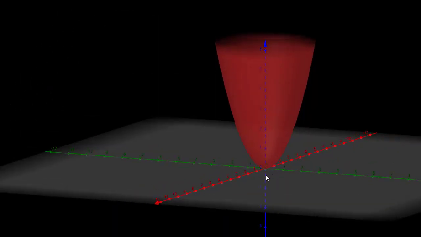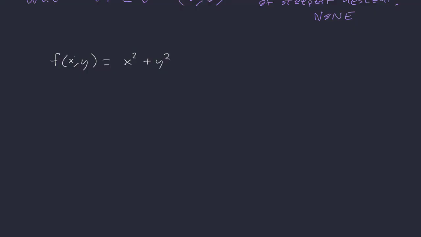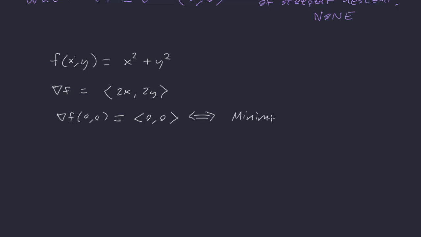So if we find the gradient, which will be the vector 2x comma 2y, the gradient at 0, 0 is the vector 0, 0, and this corresponds with the minimum.